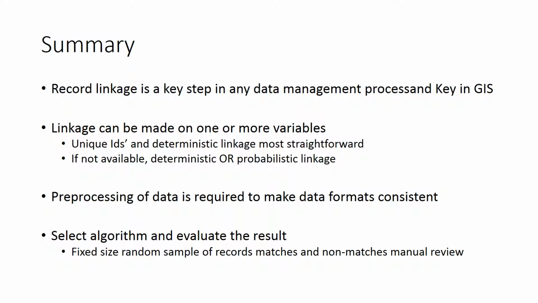Then you have to select a linkage algorithm and always evaluate the result. There is always a chance that there might be false matches or missing matches. If you have a very large data set, you can take a fixed size random sample of matches and non-matches to manually review the success of your linkage process.